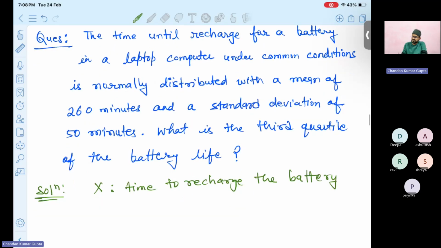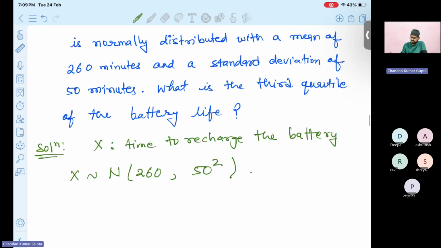It follows the normal distribution with an average value of 260 minutes and a standard deviation of 50. So we need to write 50 squared, because always remember the standard notation is Normal(mu, sigma squared): 260 and 50 squared, not 50. Okay, so this is given to us.